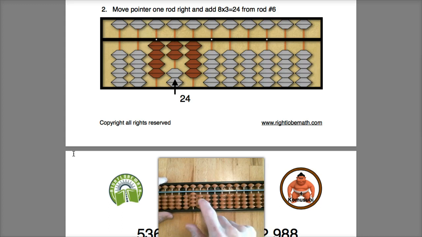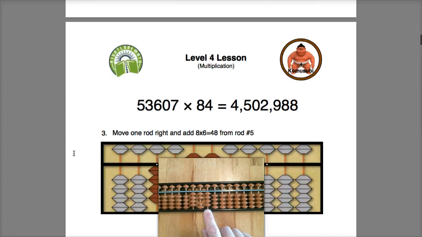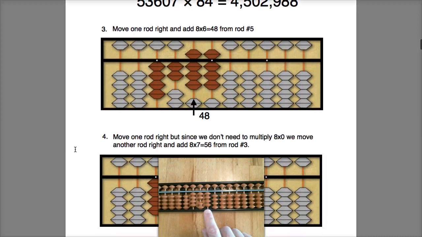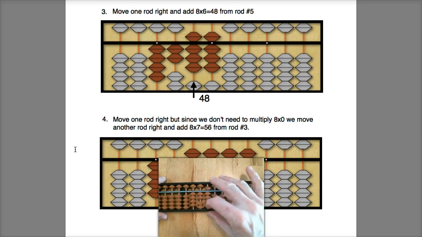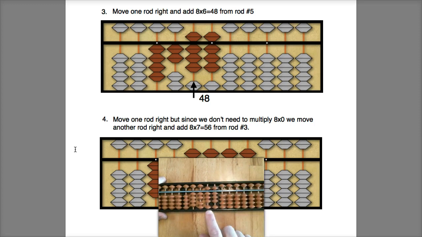So I'll enter 24 from here, and that's pretty straightforward so far. Okay, let's continue on, and here we're going to move one more rod right and multiply 8 times 6. So this time it's going to be 8 times 6, which is 48, so I'm going to enter 48.